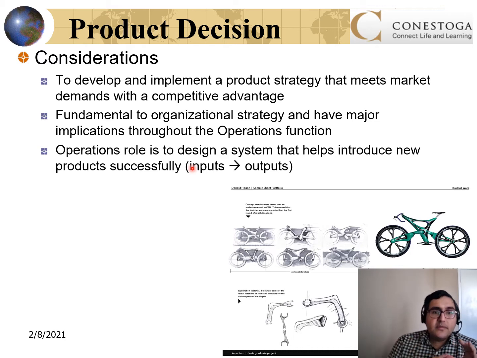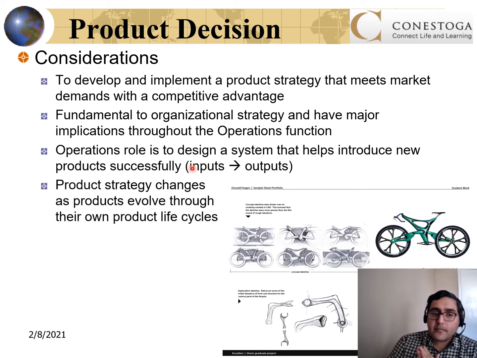We need to make sure that we are getting the right set of inputs and we are able to do certain things within our factory or within our office so that the new product gets developed. Once a new product gets developed, it is important for us to make sure that the output reaches the market on time. That's the role of an operations manager in a new product development situation.